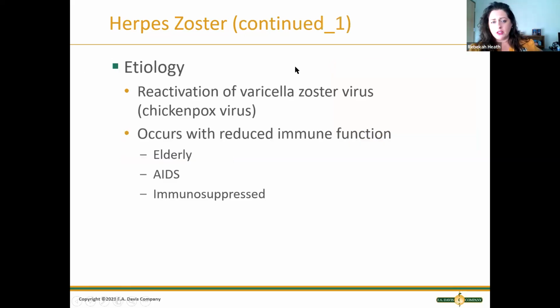It's a reactivation of varicella zoster virus, which is chickenpox. So if you've had chickenpox, then you can develop herpes zoster as well. It can occur with reduced immune function. Elderly people, those who are immunocompromised, like AIDS, or I think I told you guys my mom had a liver transplant.